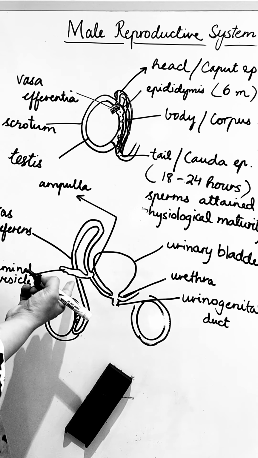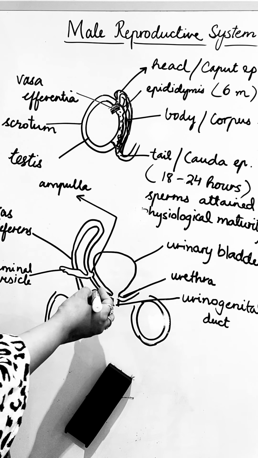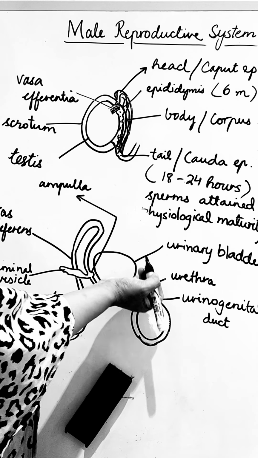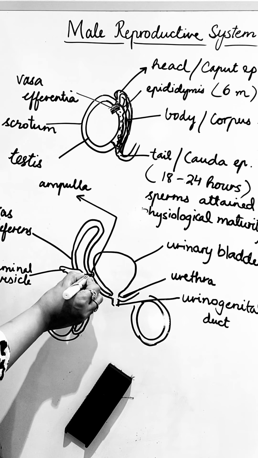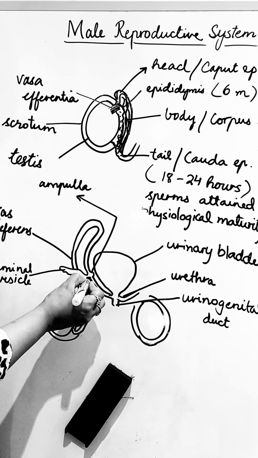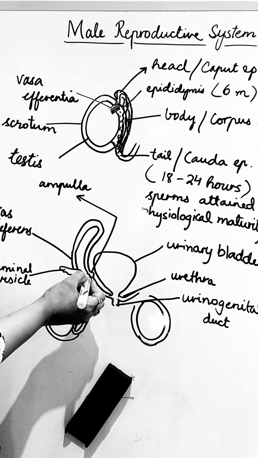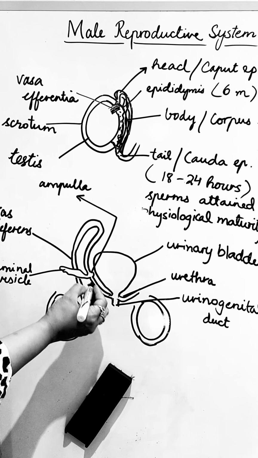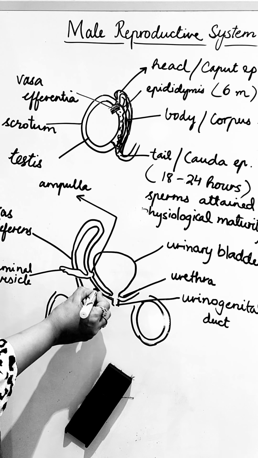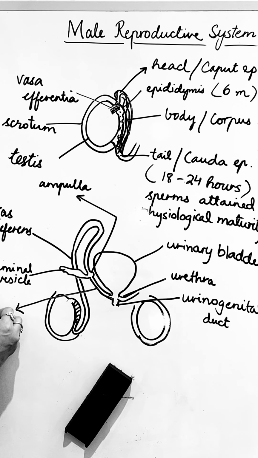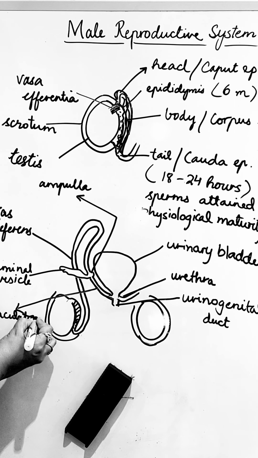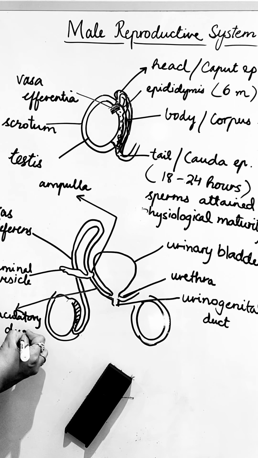These ducts are present in pairs. After this seminal vesicle, the duct is now called the ejaculatory duct.